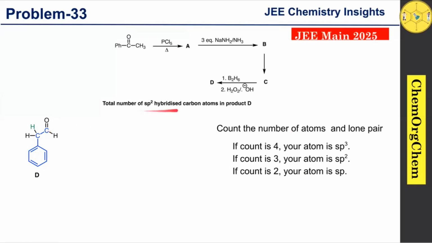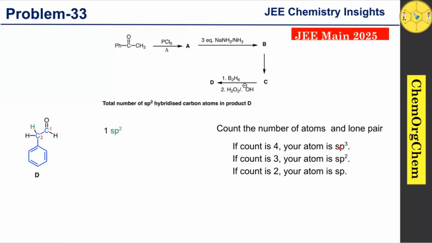Here we are asked only for carbon atoms. Therefore, first we see the first carbon atom. Count the number of atoms around this carbon center: 1, 2, 3, which means the first carbon atom is sp2 hybridized. For the second carbon, count the atoms around this carbon: 1, 2, 3, 4 atoms are present.